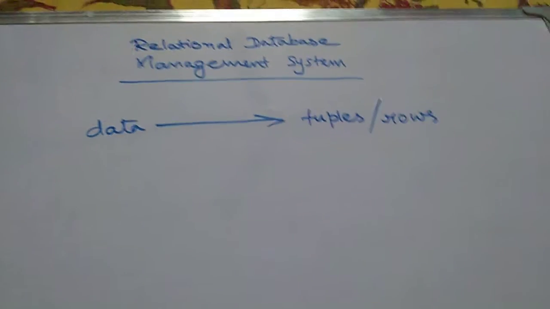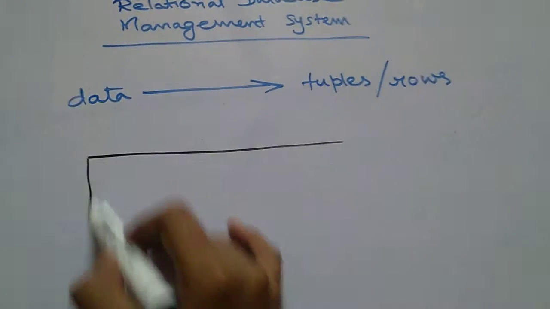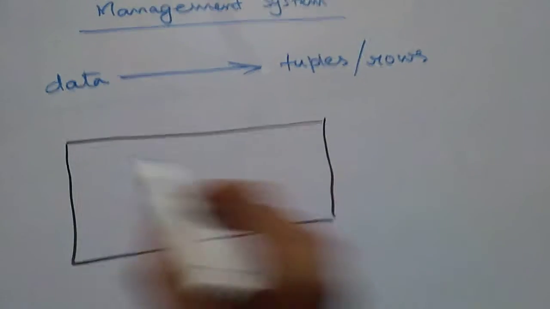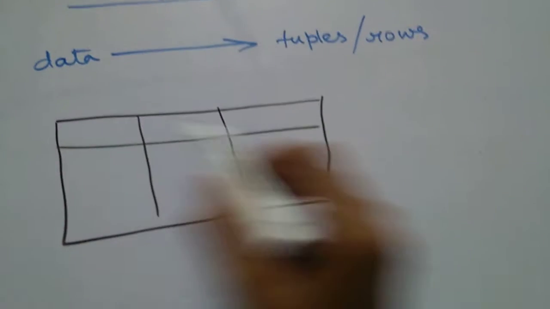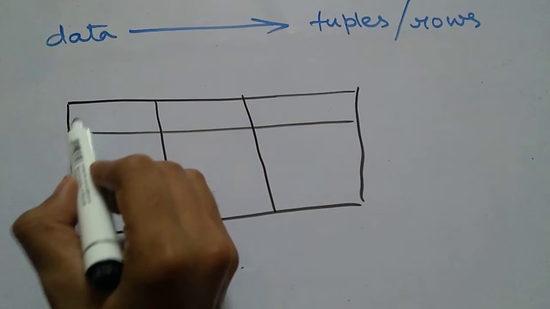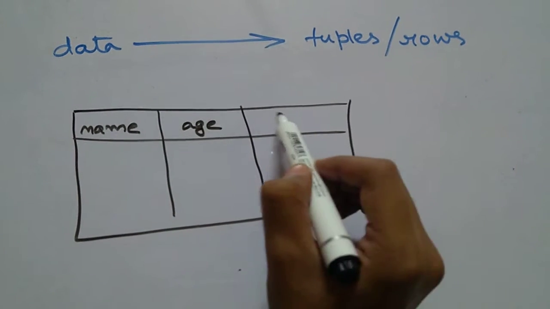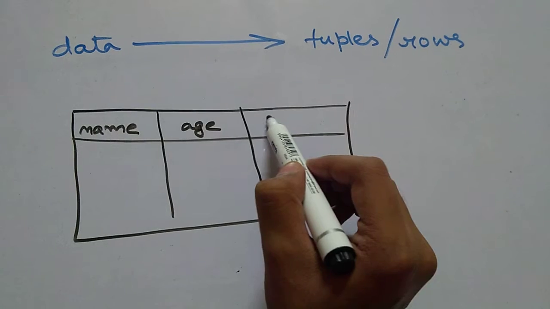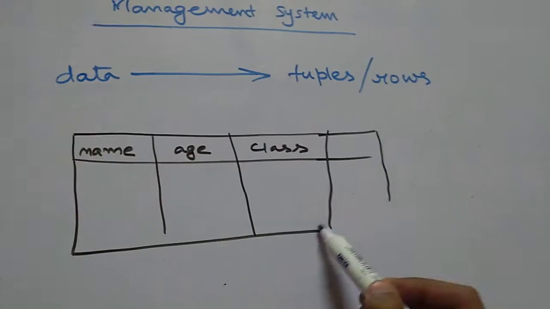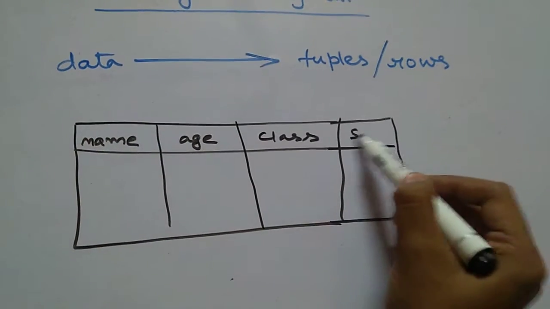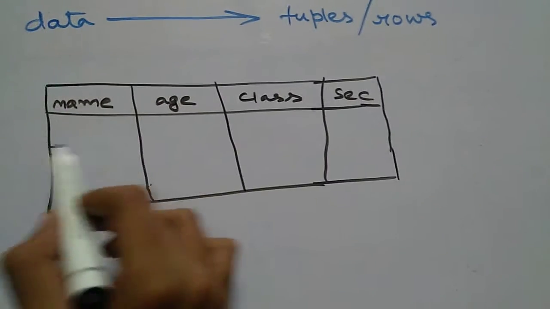For example, let's say this is a table where we have records of some students. The first record is name, then age, then class, and then, let's say, section. So we have records.